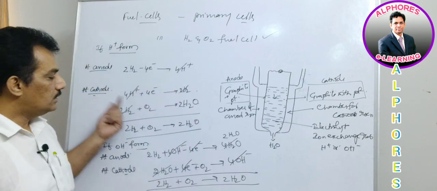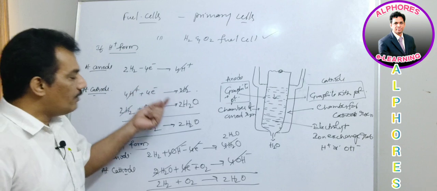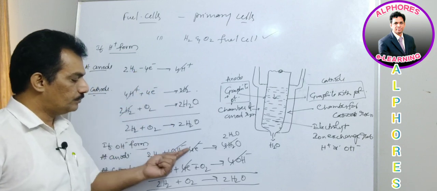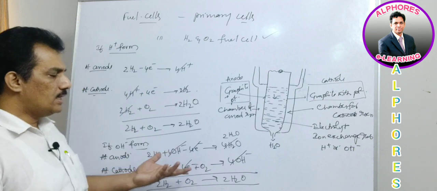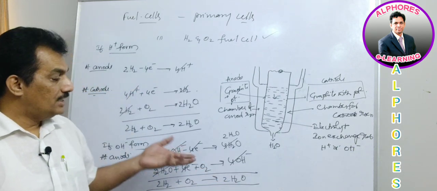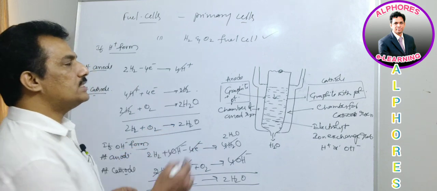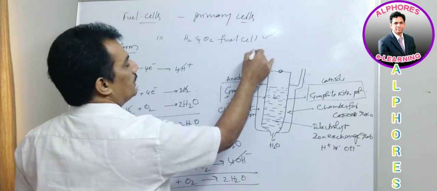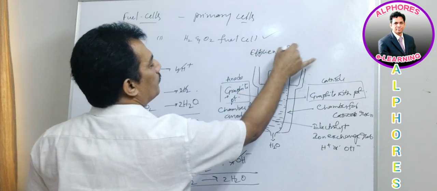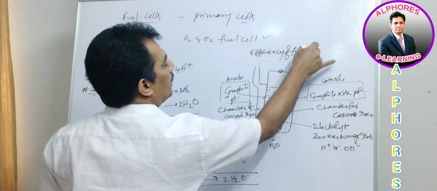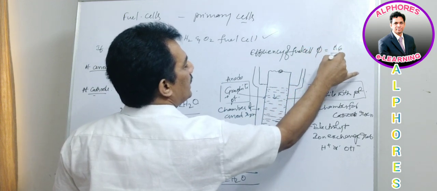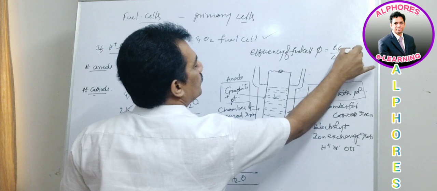Like that, in this case there is electron migration from anode to cathode. That migration is nothing but generating the current. And now the efficiency of the fuel cell is given as eta equal to delta G by delta H into 100.